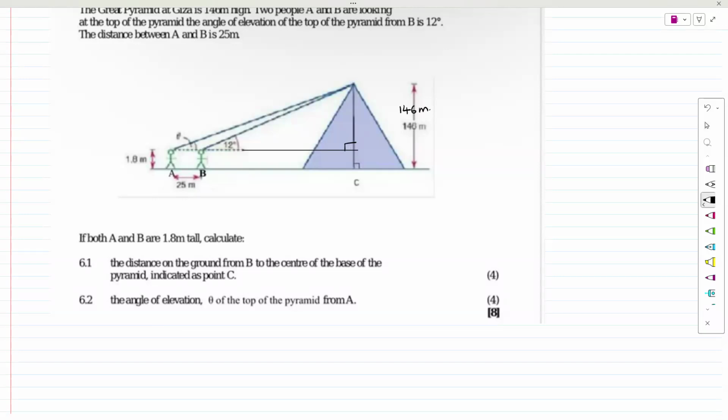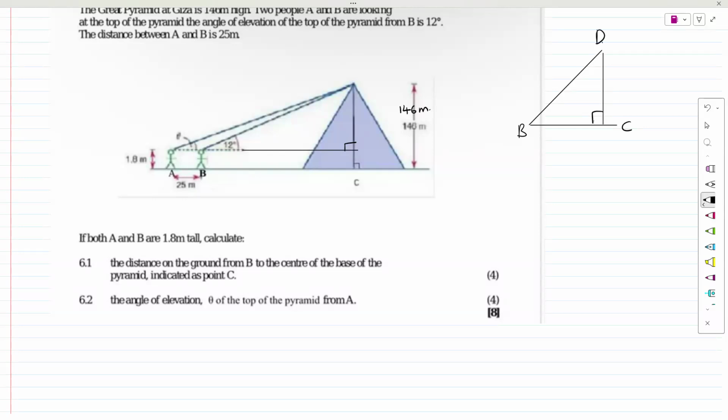Now we have two separate triangles. Let's worry about just B. We have point B, we have C, and we can't call this A, so let's call it D, a point we made ourselves.